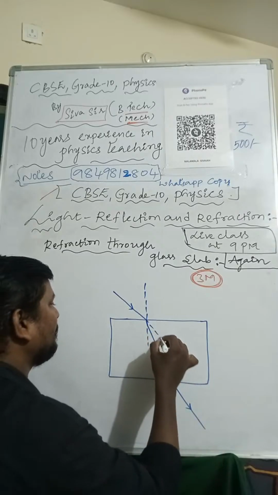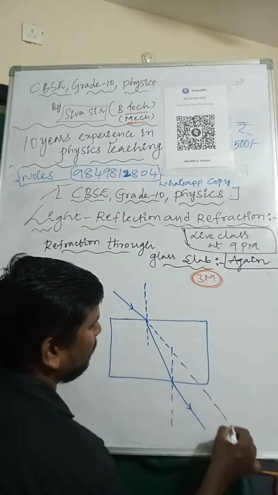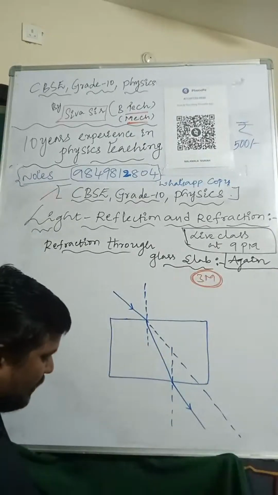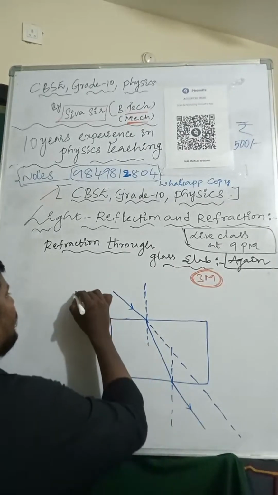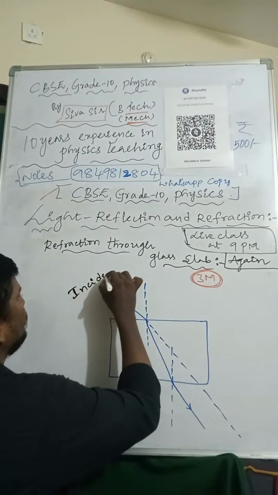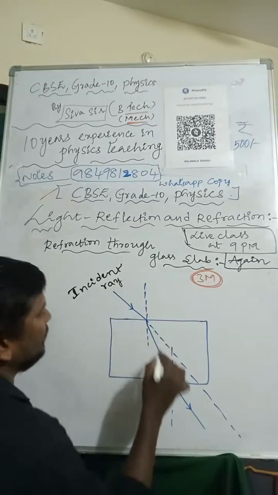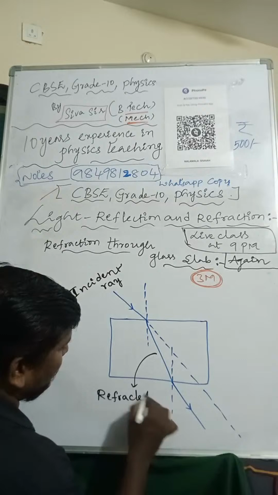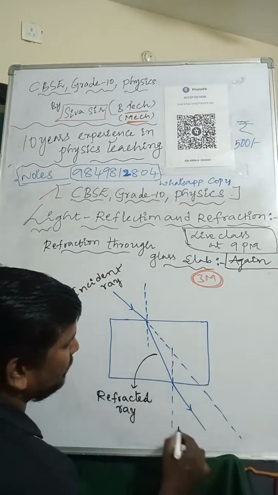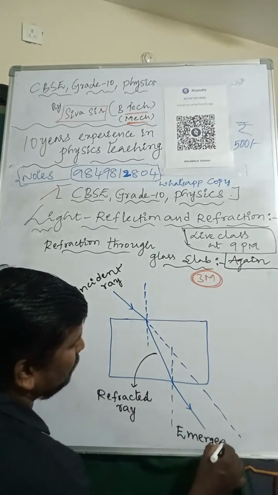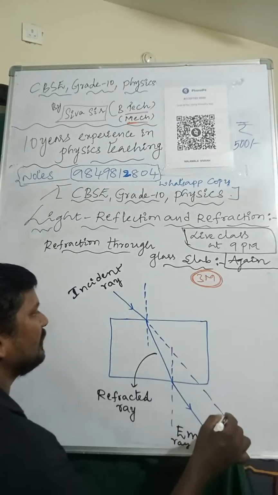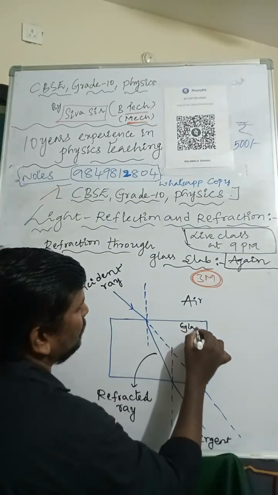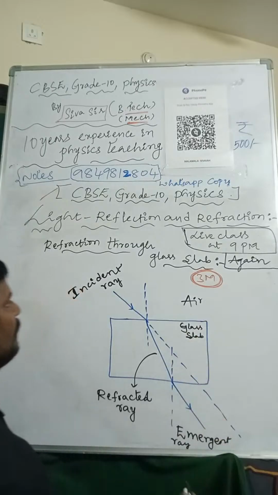This is the incident ray, and this is the extension of the incident ray. This is the refracted ray, and this is the emergent ray. This is air, and I'm considering this one the glass slab.